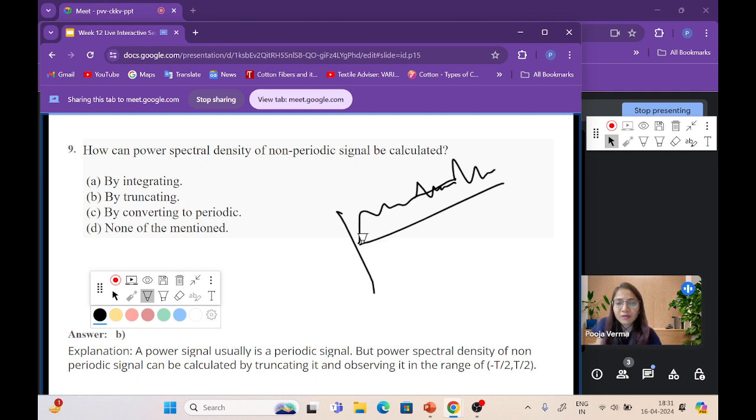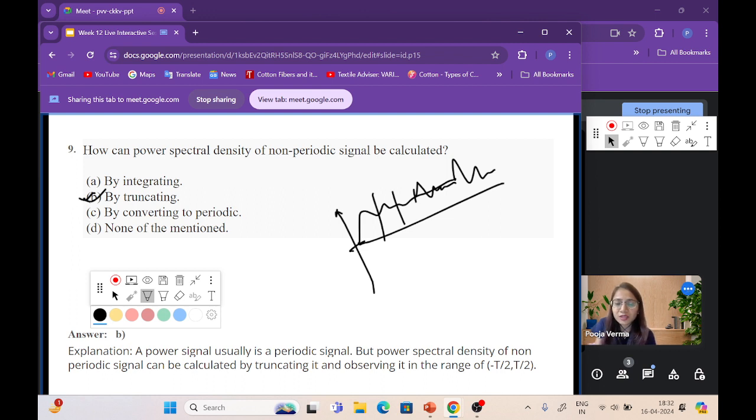So how can we calculate the power spectral density of that non-periodic signal? It cannot be calculated by integration. By integration we can't calculate the power spectral density only. First we need to truncate this signal into different parts, then calculate the spectral density at every instant of time. So the correct option is option B: by truncating a non-periodic signal, we can calculate the power spectral density of that signal.